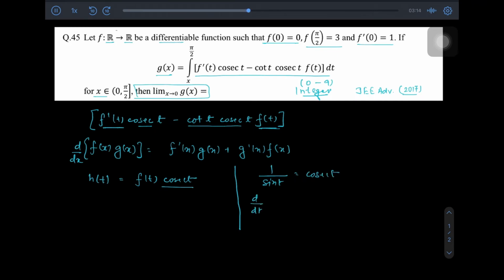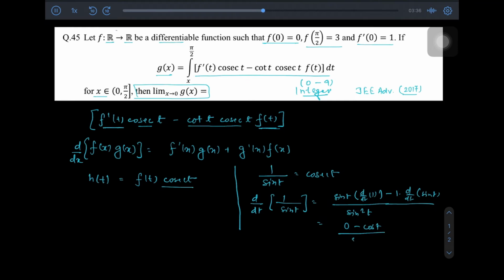Now if you differentiate it, you first square the denominator, then you write the denominator, then you differentiate 1, then you put the numerator, and then you differentiate sin of t. So this simply becomes 0 minus cos of t divided by sin square of t, which is minus cot of t into cosec of t.